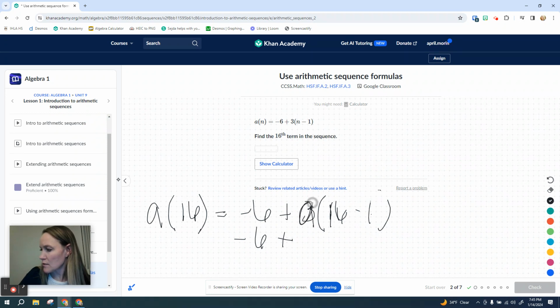That's supposed to be an A. So A of 15, right?